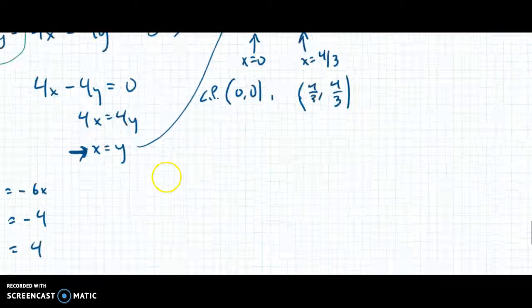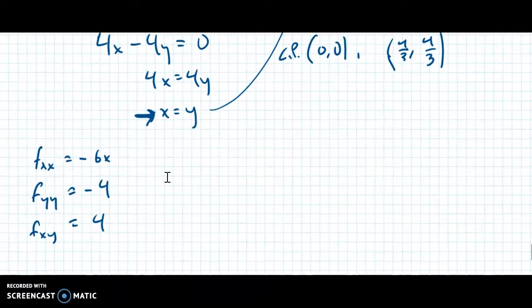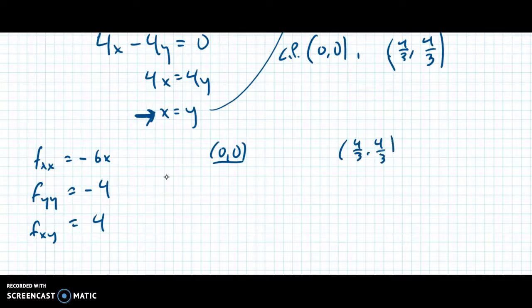So f_xy is equal to 4. Now what I'm going to do is calculate D at the two different spots. I've got (0, 0) and I've got (4/3, 4/3).